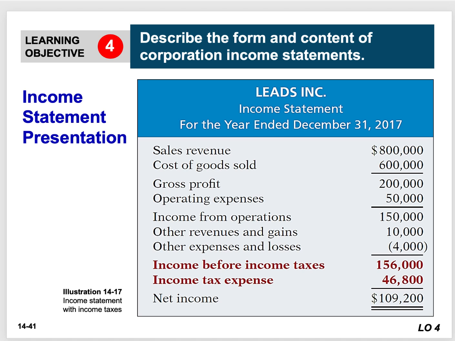We would either have a gain on that, or we would have a loss on that. And that's what we're talking about here. That's part of those other revenues and gains and other expenses and losses, okay? Once you get into intermediate accounting, we're not there yet, but the idea is that corporations actually invest money into other corporations, okay?